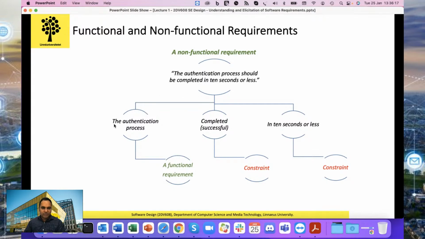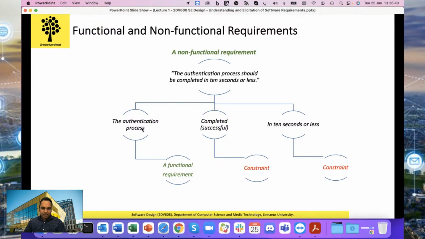So the authentication process is a requirement. The authentication should be successful or completed. That is another requirement. And then the authentication should be done in 10 seconds or less. That is also another constraint or requirement.